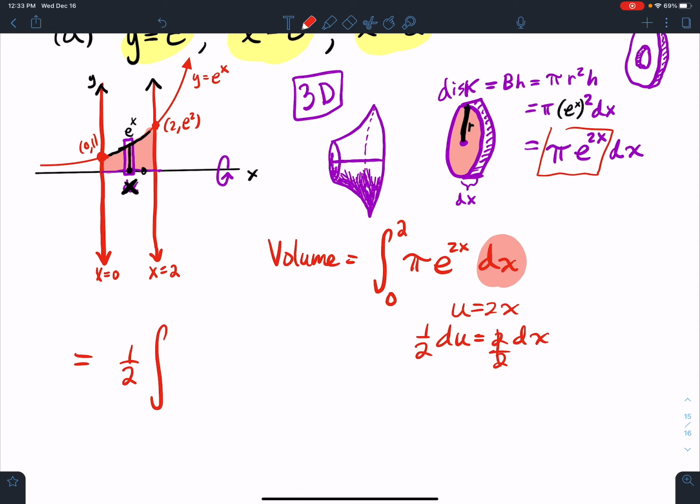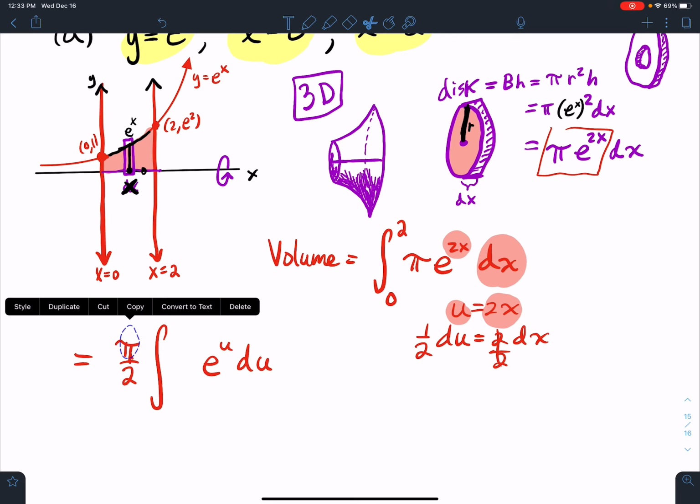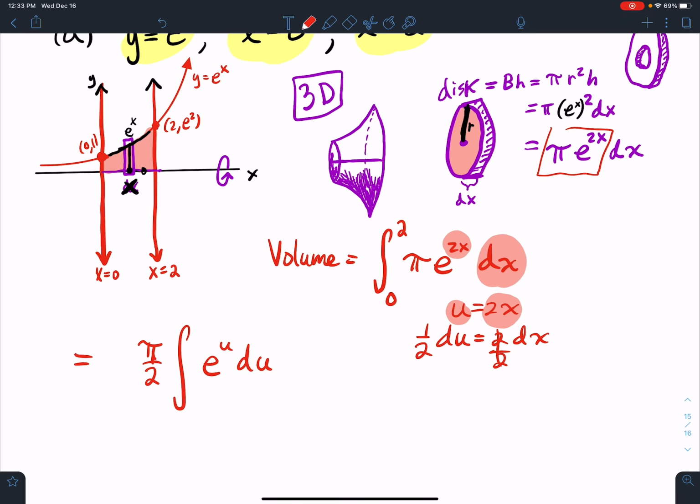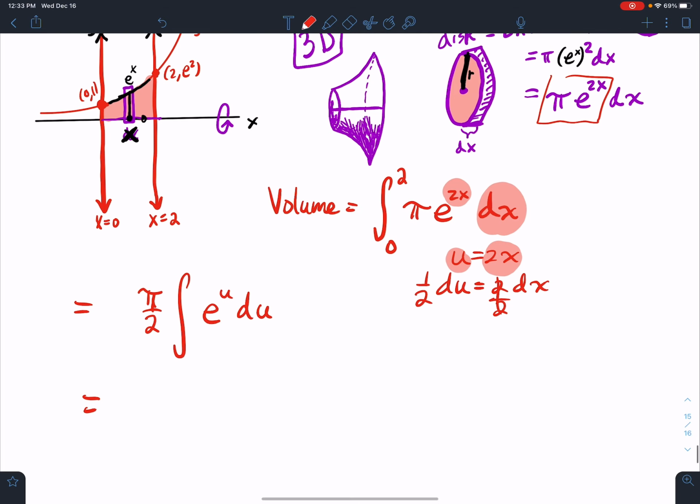I'm going to drop my bounds, and so I have pi e to the, well, 2x becomes u, du. And so when I integrate, I'm going to pull the pi out front to be a constant. And the great thing is the integral of e to the u is the easiest one of all. It's just e to the u, okay?